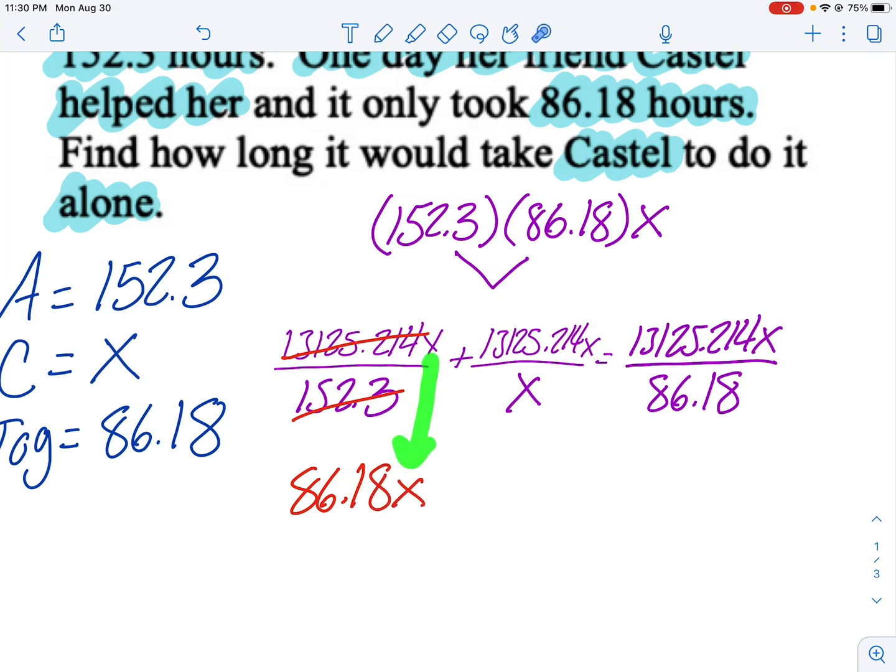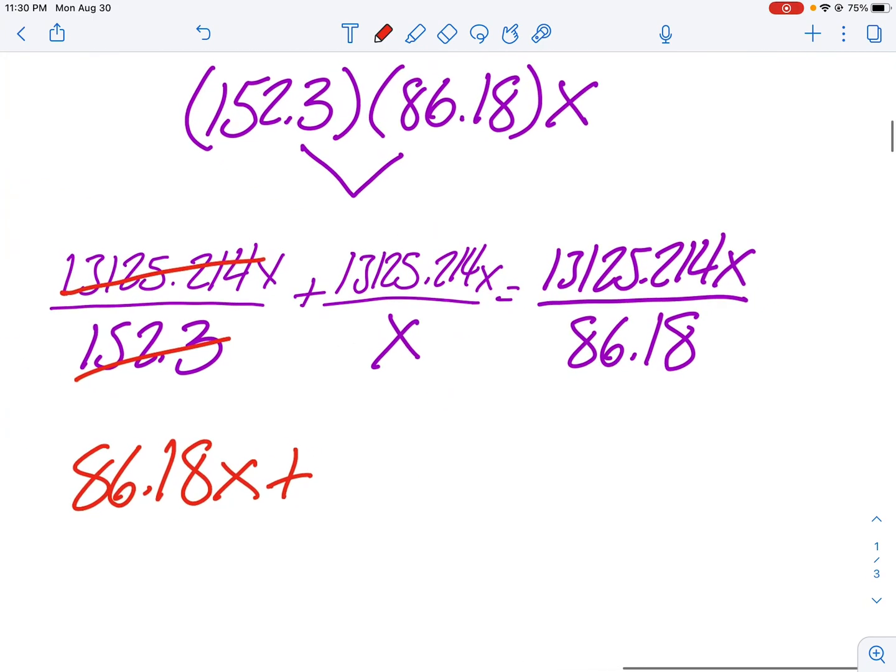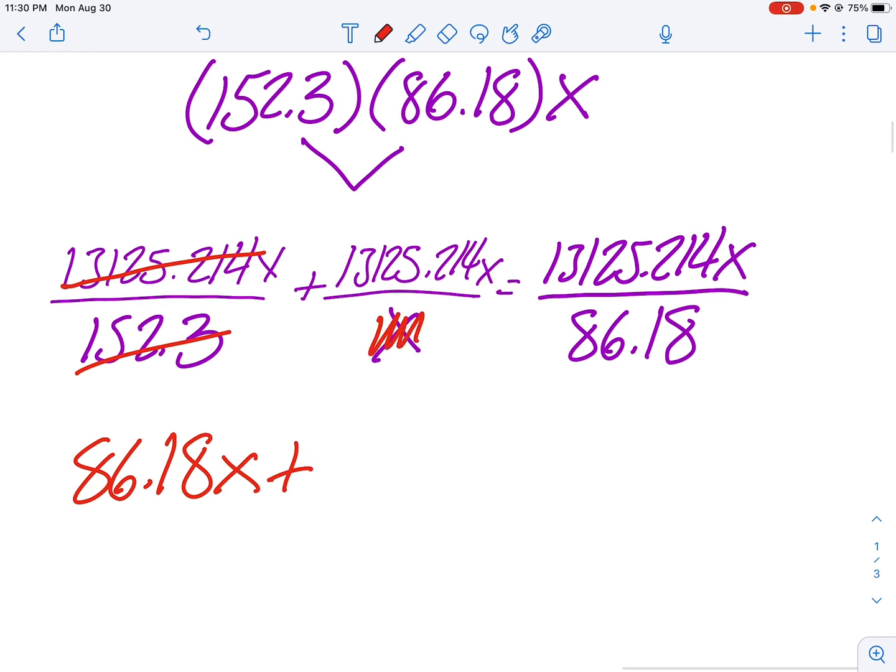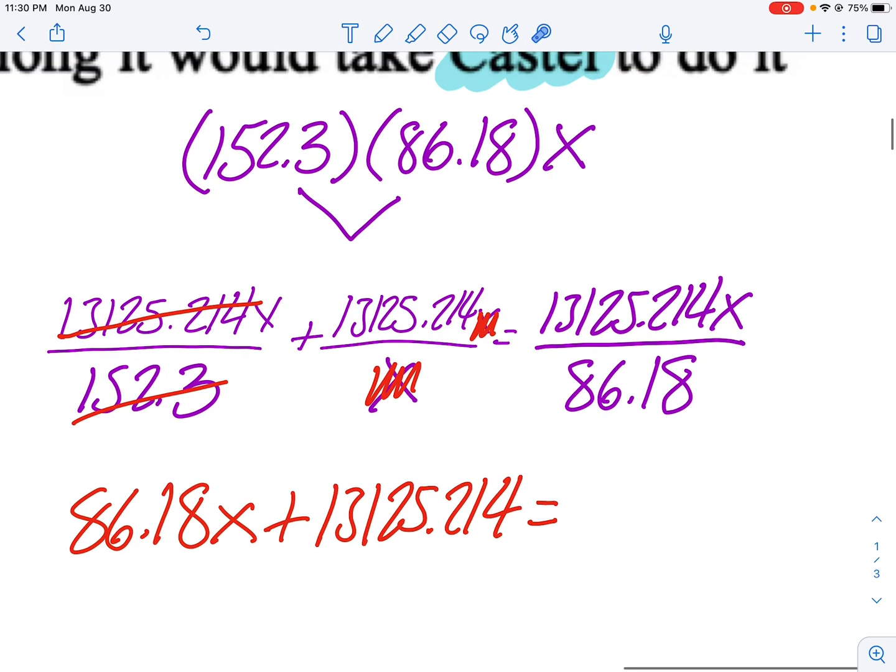This x must come down. Nothing happened to it. Now, the x on this one, on the other hand, cancels out. This x cancels with this x. So we just bring down 13,125.214, which is equal to that divided by that.